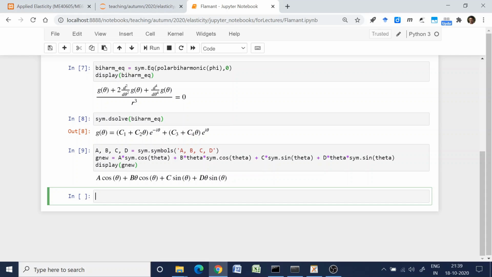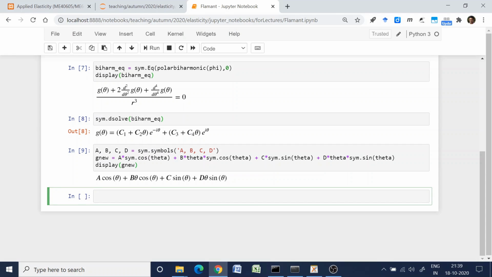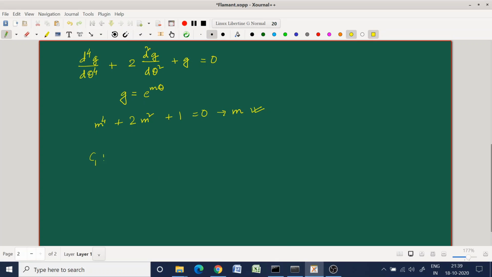Okay, and you can actually easily see this if you come back here. So c1 plus c2 theta e to the power minus i theta, terms like that, and c3 plus c4 theta e to the power i theta.